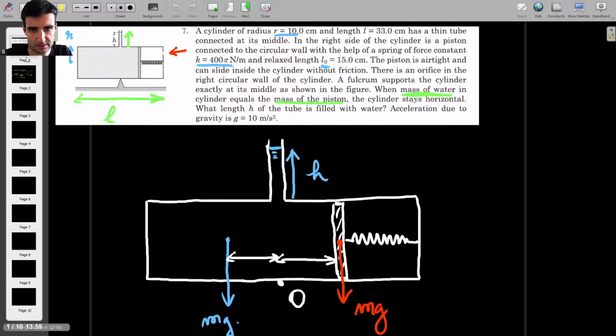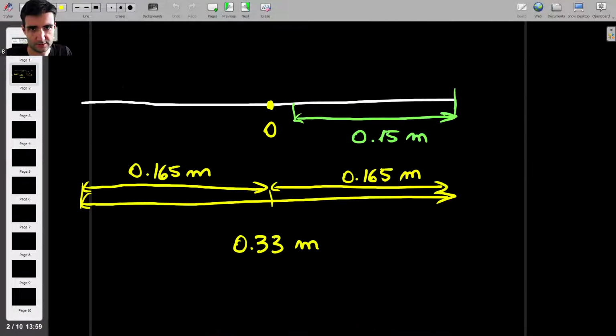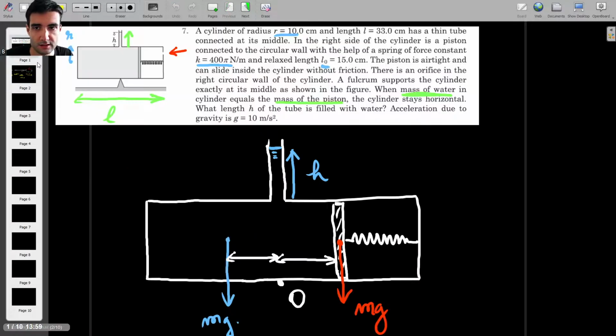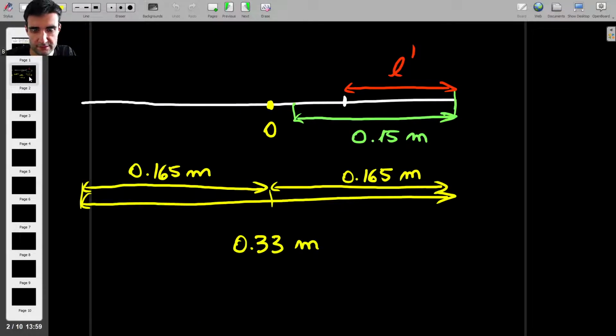But in our case, we know that the piston is not actually here. Instead, it's somewhere here. We don't know exactly where, which is why I'm going to call this length L prime. This is the final length of the spring when it's being compressed by the water. And that is pretty much everything we have.